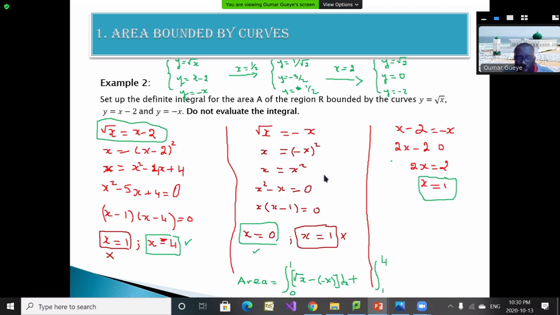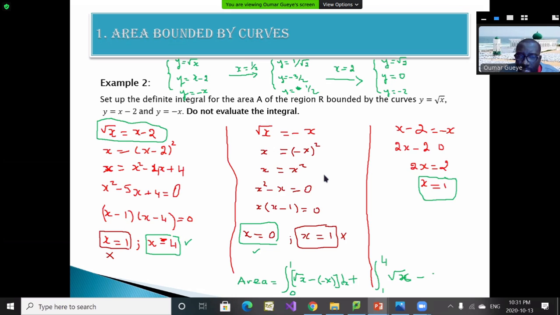Root 2. Okay, so the greater value is root 2, and it's obtained from root of x. So it means we have root of x here, minus x minus 2. The second greater is 0, obtained from the second equation, x minus 2.